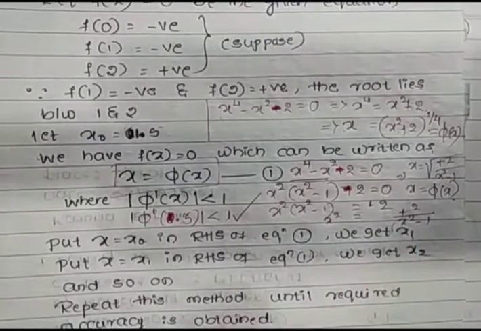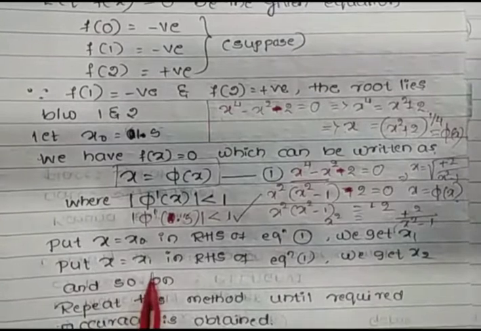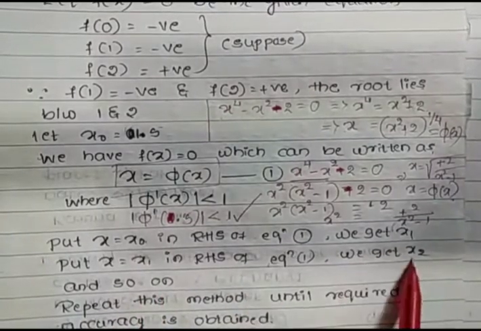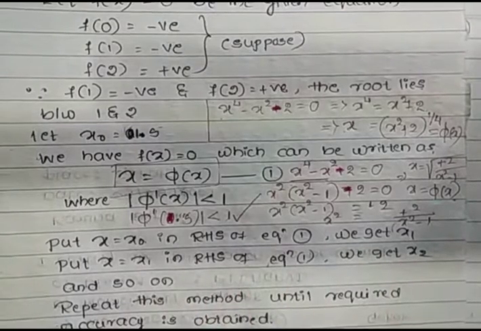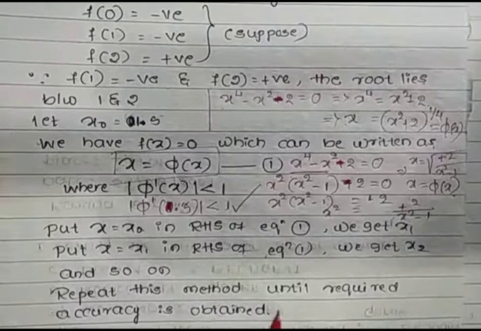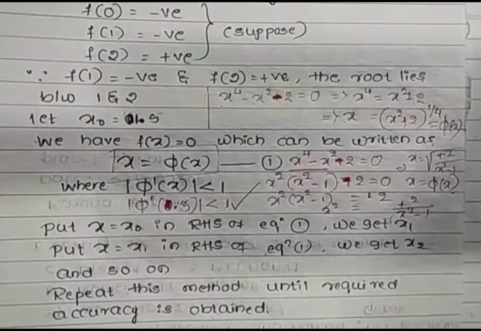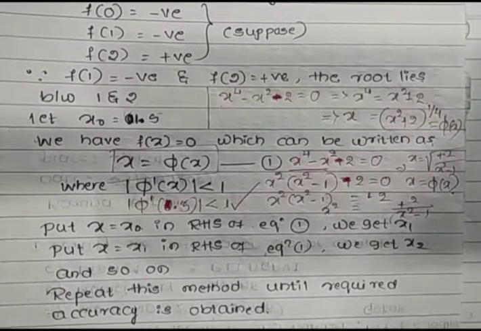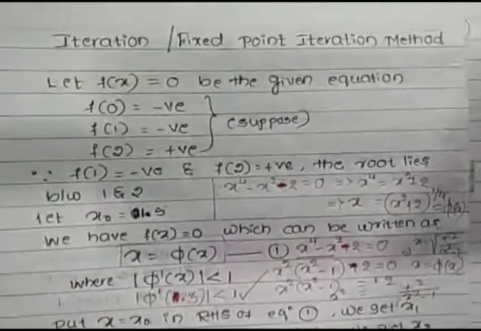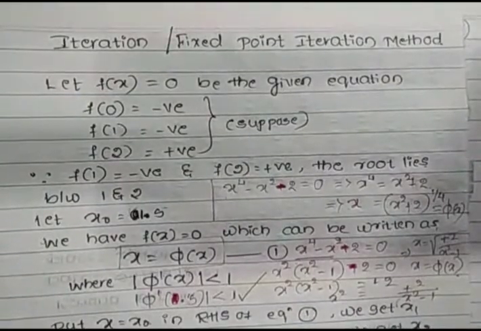Once we get x1, again replace x is equal to x1 in the RHS of equation 1. Then next we'll get x2, and so on. We have to continue this till we obtain the required accuracy. So this is the working rule of the iteration method or fixed point iteration method.